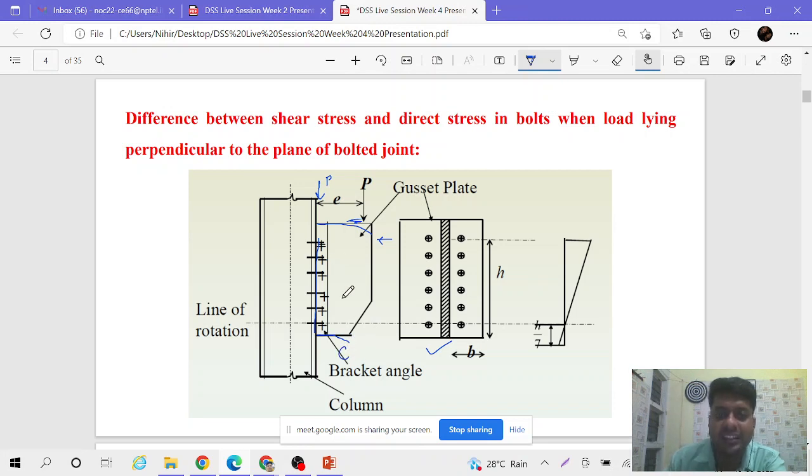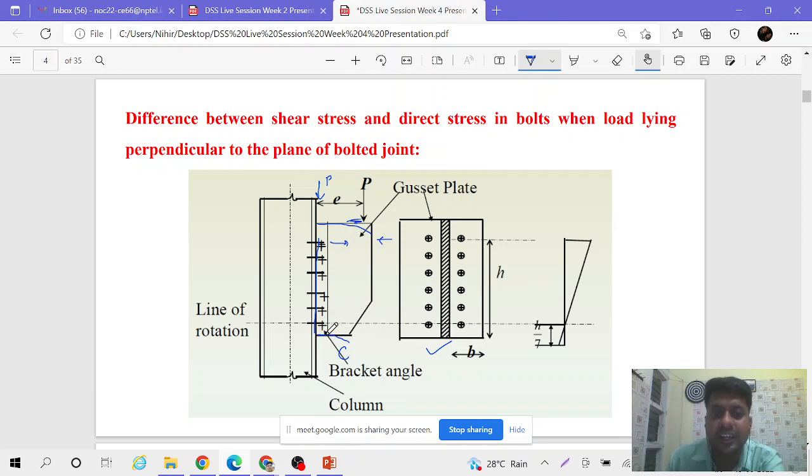So the upper portion of these bolts will experience tension, due to this tendency of the bracket to bend, and the lower portion will experience compression.